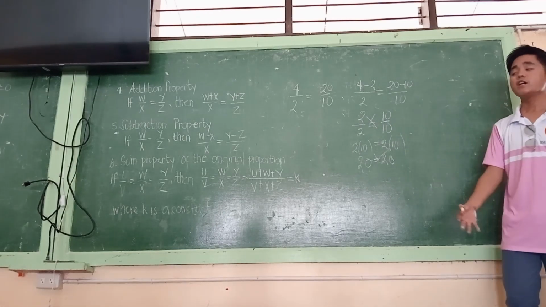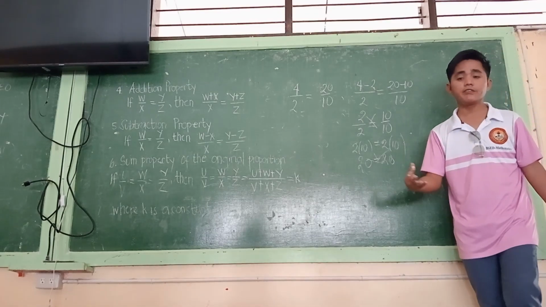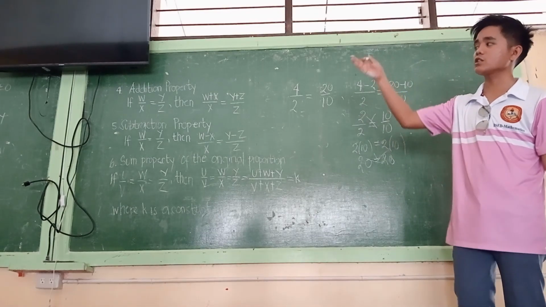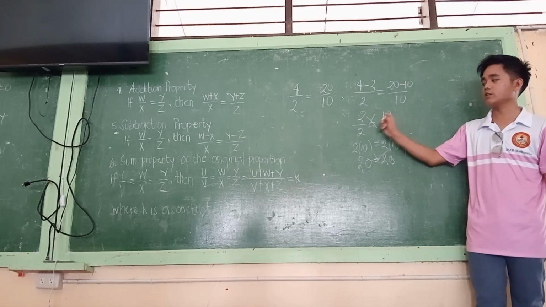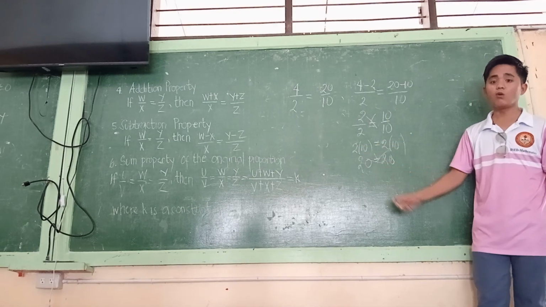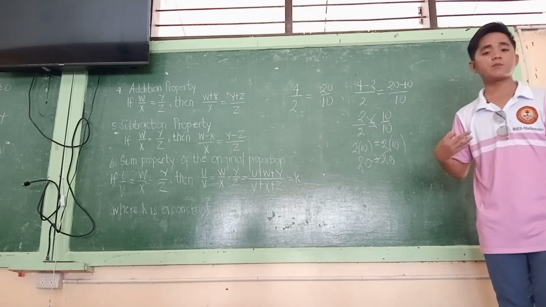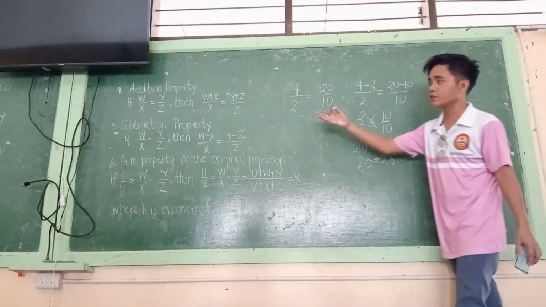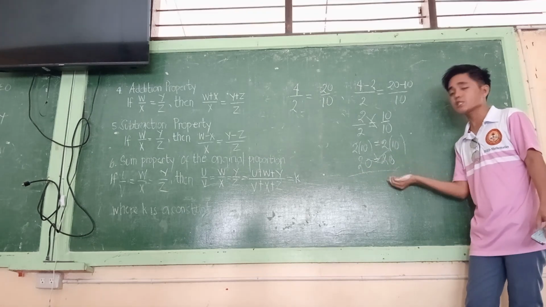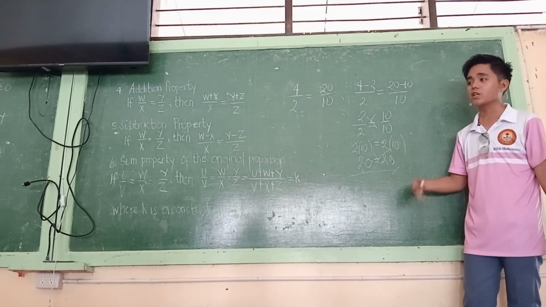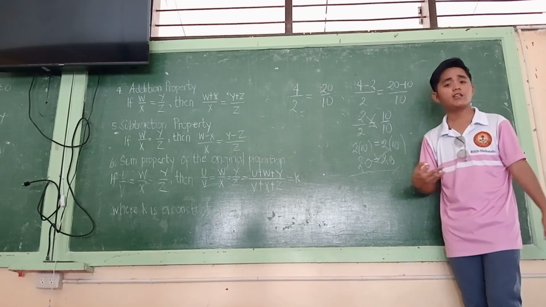Pwede ra yun. But by the sake of using our property, which is the cross multiplication property, that is 2 times 10 and 10 times 2, which is just the same. Okay, by subtracting our numerator by the denominator, kay pareha siya ang answer which is equal gyapon siya. That is what I'm trying to mean.